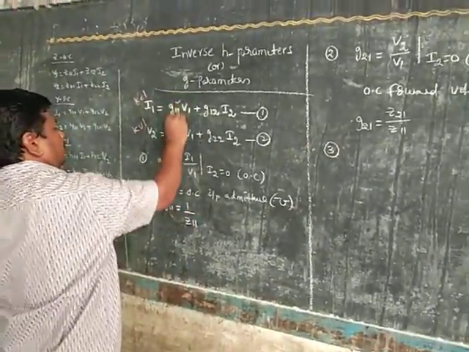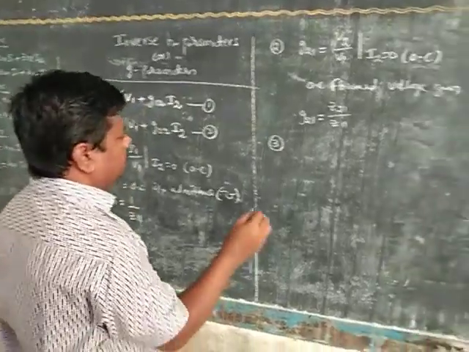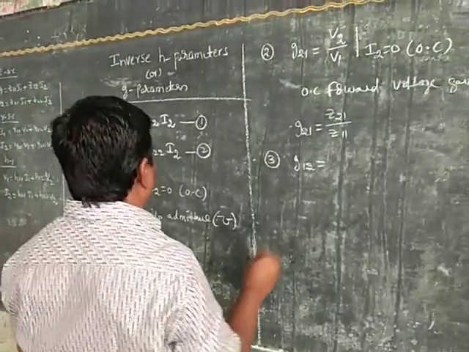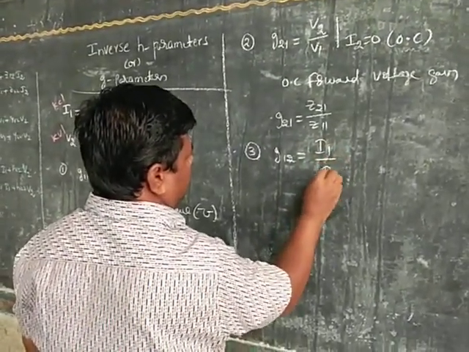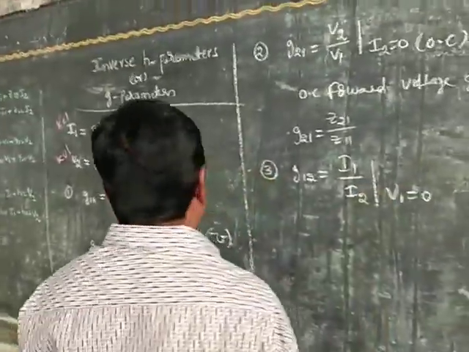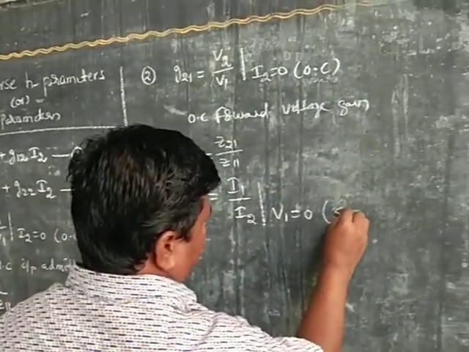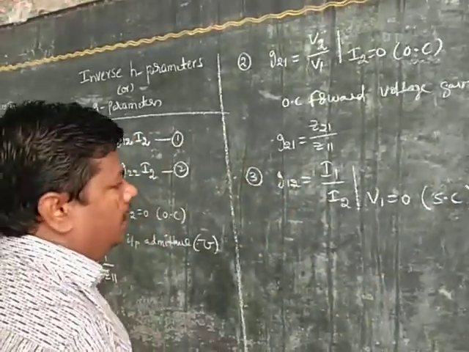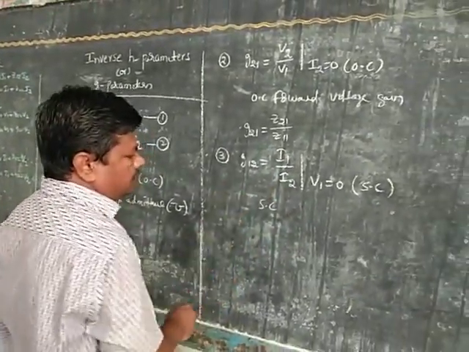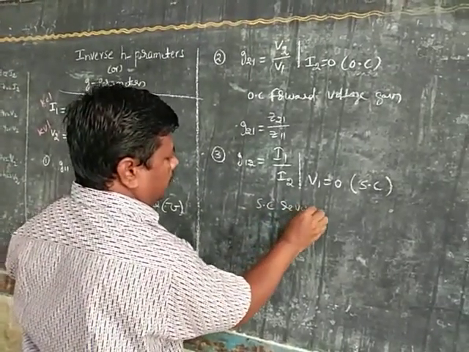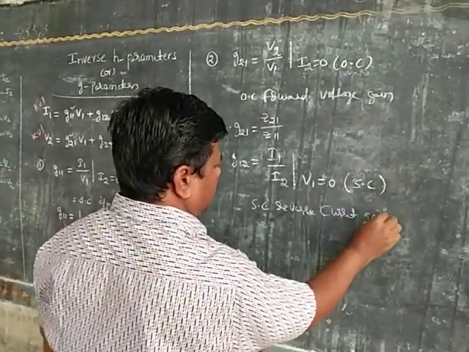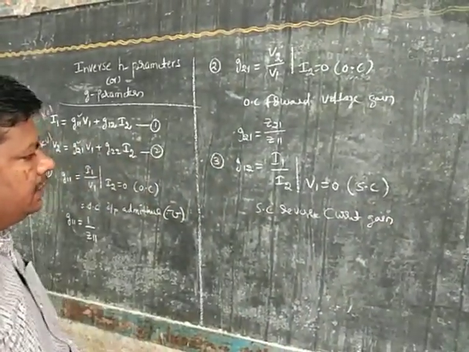Coming to the third, G12. G12 is equal to I1 by I2 when V1 is equal to 0. V1 equal to 0 means short circuit. Input current by output current: short circuit reverse current gain.